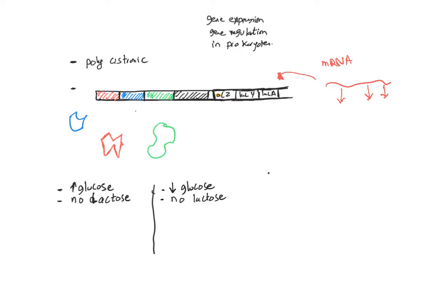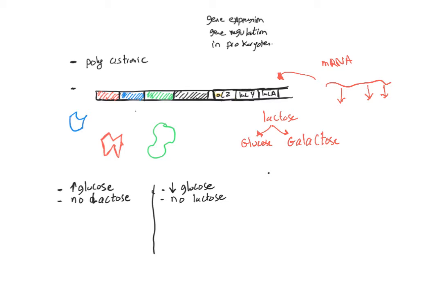An example of this is the lac operon, the one that you're seeing right now. For this example, it's in bacteria, and the main purpose of this gene is to break down lactose into glucose and galactose, both of which are used as an energy source.